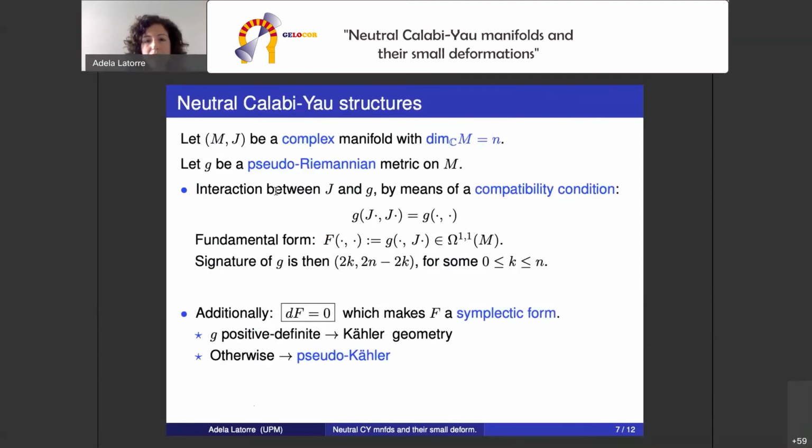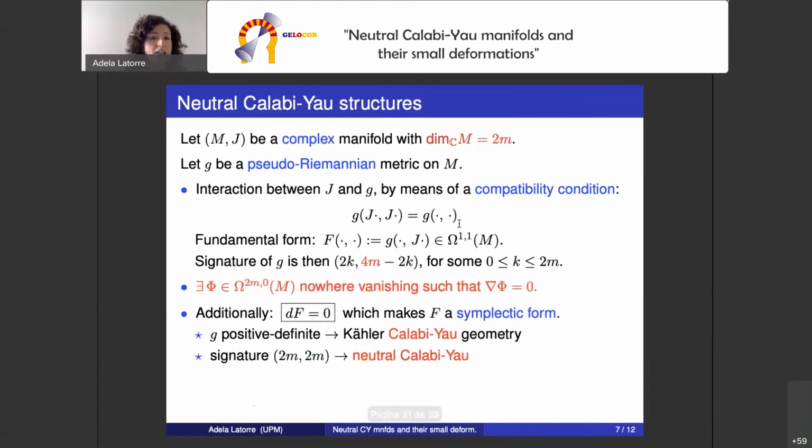The starting point is similar to a pseudo-Kähler manifold, but we need to impose some extra conditions which are these ones. First of all, I need the complex dimension of my manifold to be even, so the real dimension would be a multiple of 4.